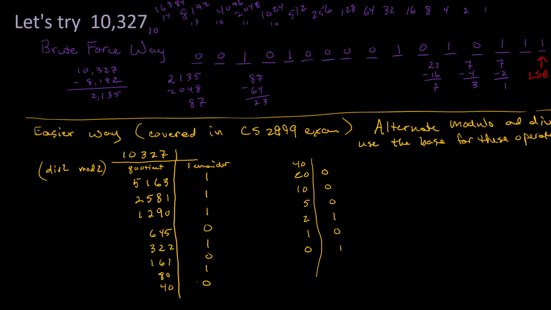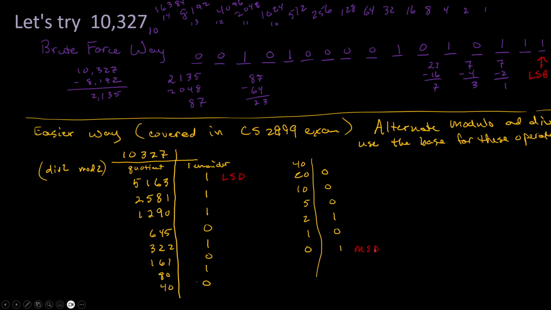It's the first one, because that's the one that tells me whether it was an even or odd number to start with. So this is the LSB, and this is the LSD, most significant digit. We usually put D or B for bit, but here I'm going to use D for digit.